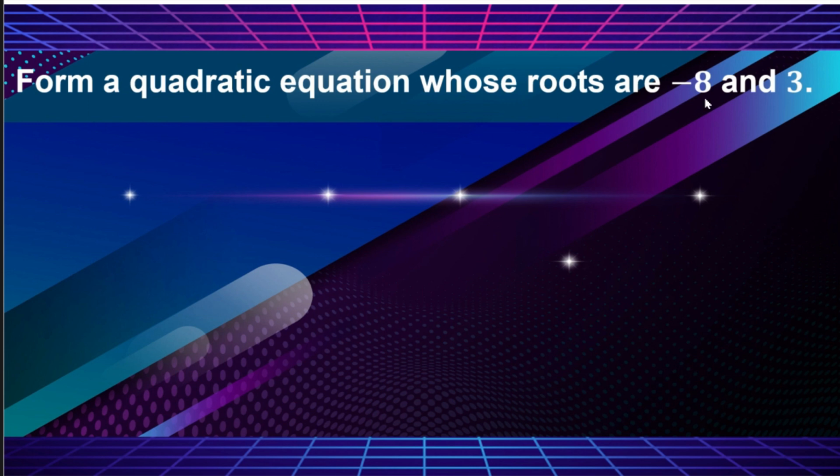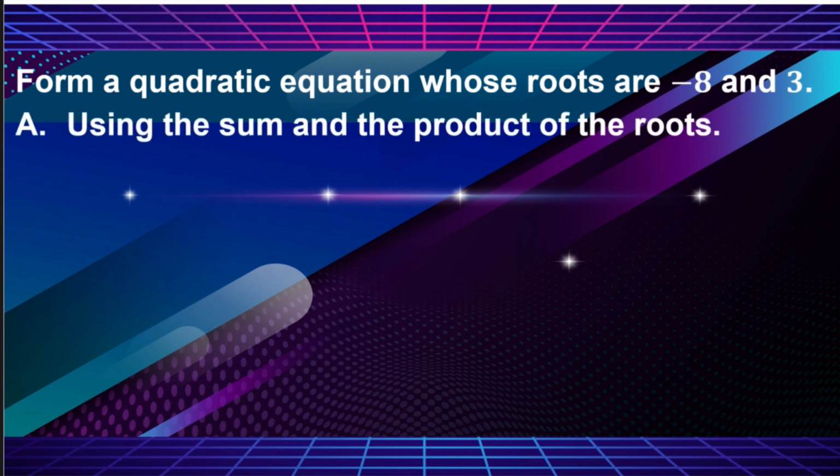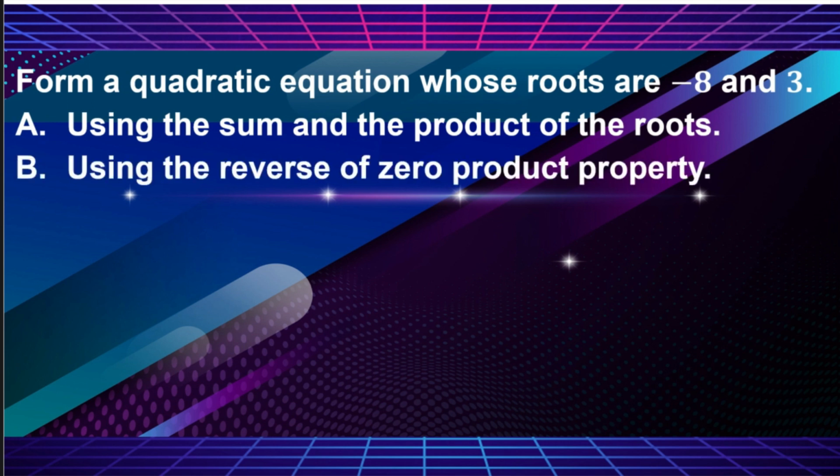This time, given the roots or given the values of x, you are going to write the quadratic equation. In doing this, we have two methods to follow. Namely, first method, using the sum and the product of the roots. Second, using the reverse of zero product property.